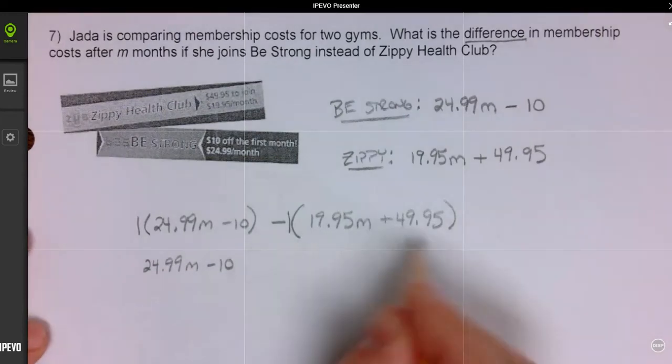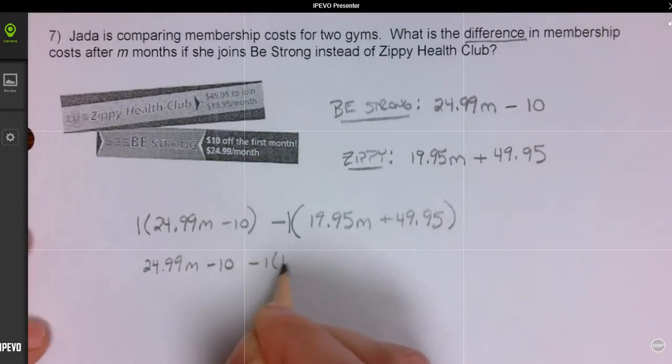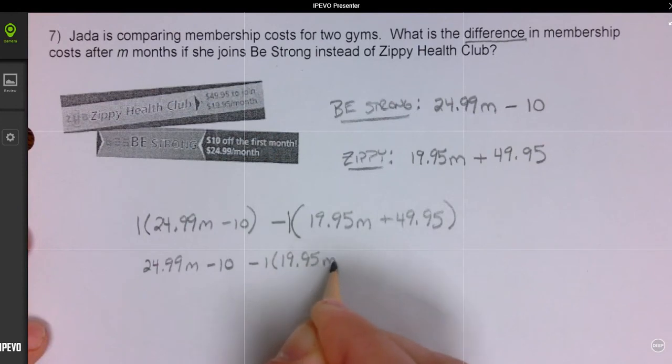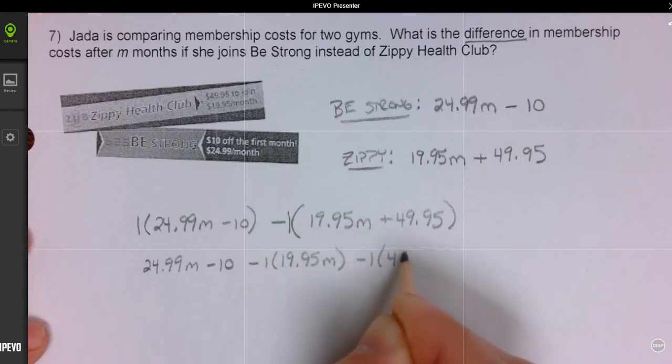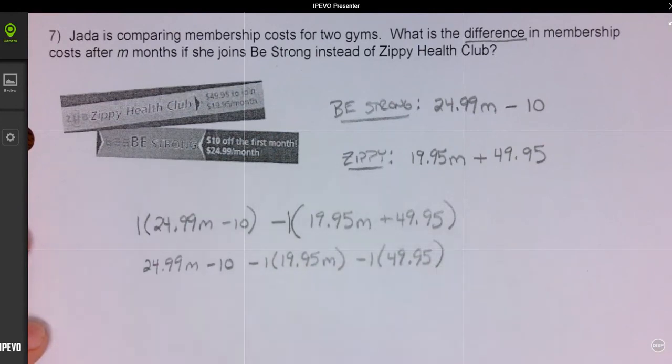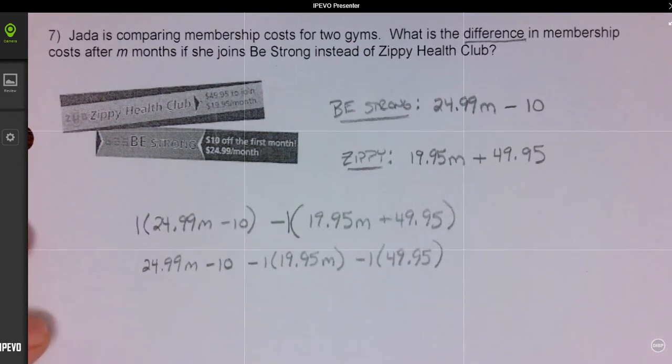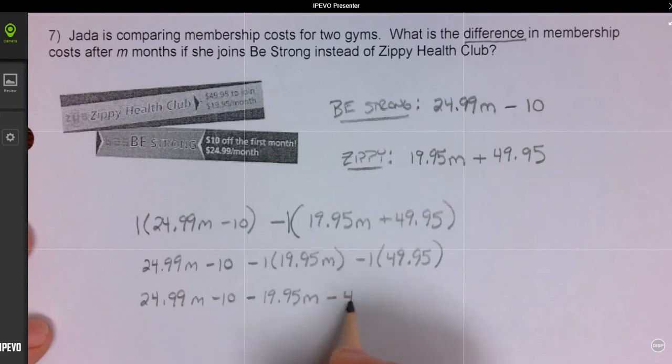We'll distribute the negative 1 to these, so minus 1 times $19.95M minus 1 times $49.95. Then if we distribute, this is going to stay $24.99M minus 10. Negative 1 times $19.95M is negative $19.95M. Negative 1 times $49.95 is negative $49.95.